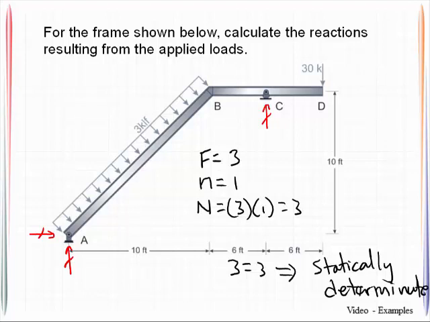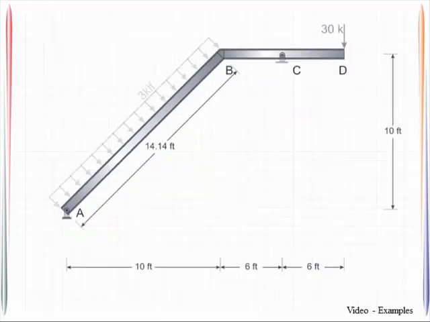And our reactions are not all parallel and they are not all concurrent, so we can also conclude that we are stable here. So let's go ahead and sketch a free body diagram of this.